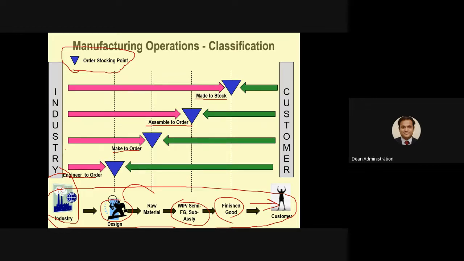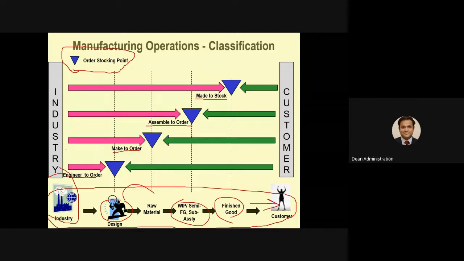Now you will ask me what is the meaning of each. So let us define what is the meaning of each, and then I'll tell you what is the order stocking point. Made to stock, as the name suggests, these types of products are manufactured in bulk. They're manufactured in large scale quantities, and they're stocked up in various retail houses, stocked up in various warehouses, and the customer simply goes to the market and picks and chooses one based on his likes and choices.